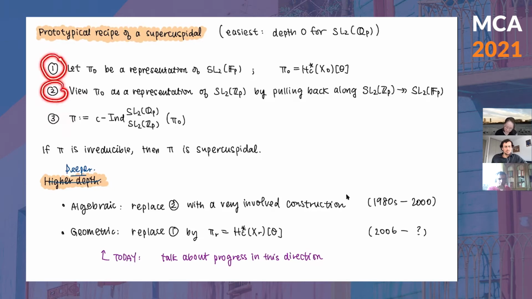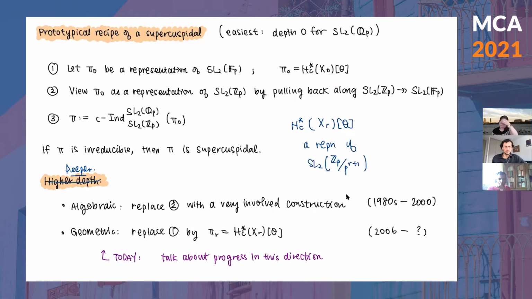So we keep 2 to be this easy thing of pulling back, but instead of taking something like X0, we're going to build some other algebraic varieties that we'll call XR, and the cohomology of this in this SL2 setting will be a representation of not SL2 FP, but SL2 ZP mod some higher power of the uniformizer, P to the R, let's do R plus 1.